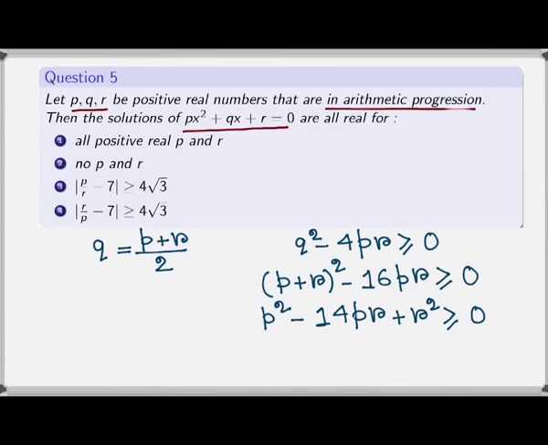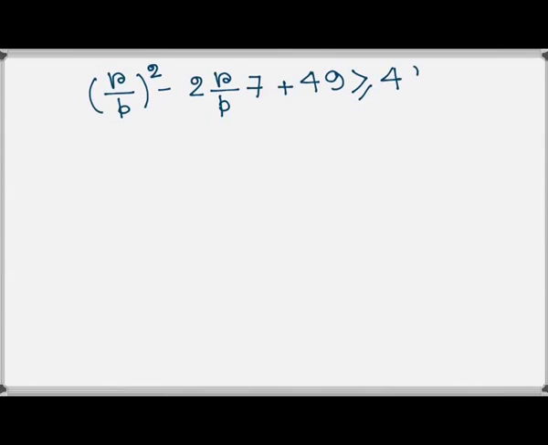Now since p is a positive real number, we know that p is non-zero. So therefore we can divide this inequality by p square and we obtain 1 minus 14r by p plus (r by p) whole square is bigger than equal to 0. We now rewrite this inequality: (r by p) whole square minus 2 into r by p into 7 plus 49 is bigger than equal to 48.